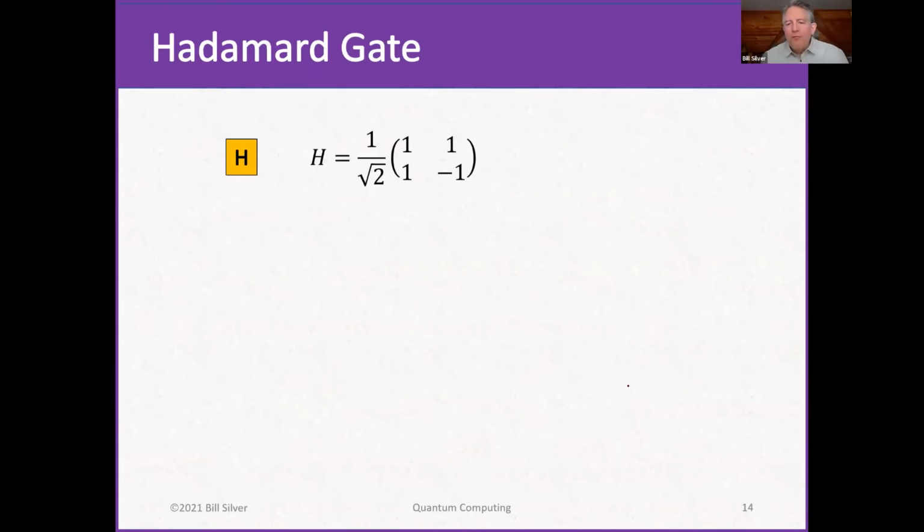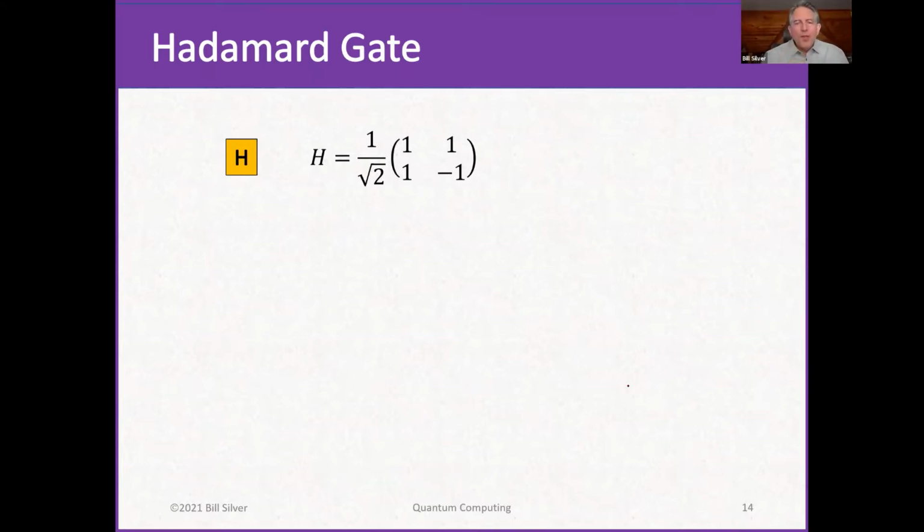Now, one other very important gate that we're going to see a lot of, which is also a single qubit gate, is called the Hadamard gate, and it looks like this. This is also a unitary matrix. You can confirm that: you can take the complex conjugate, which in this case is itself, and discover that it's its own inverse.